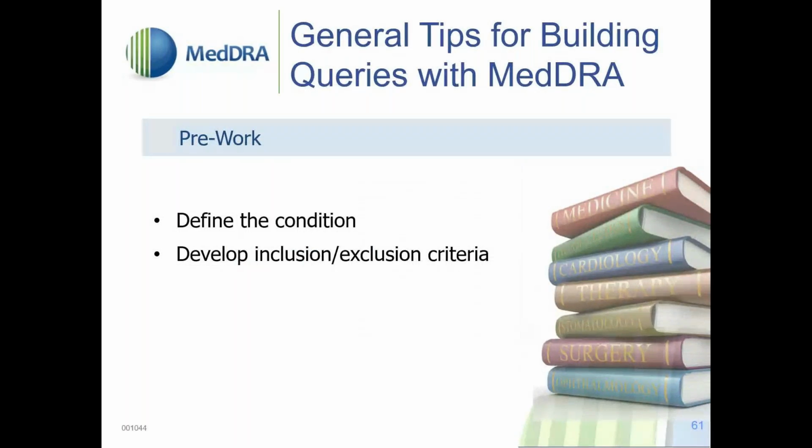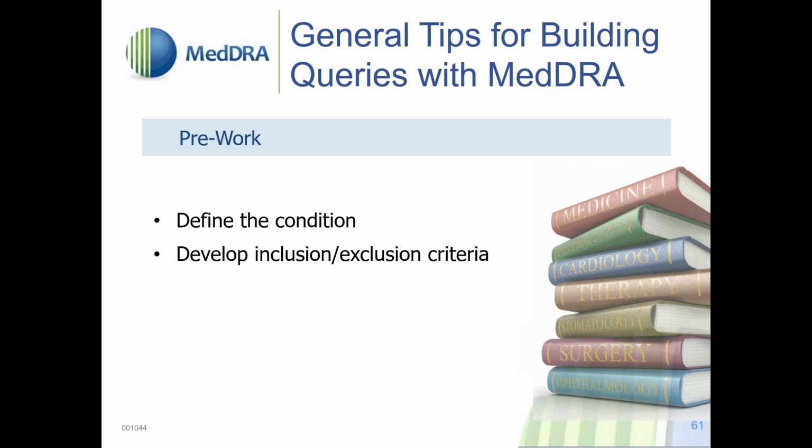And it's very important, and maybe the most important principle, that you have to know what you're looking for. So it's very important to define your condition of interest, and you need to have a clear understanding of what you're looking for based on good and reliable references. So please invest time and effort into reading up on the topic you're investigating.